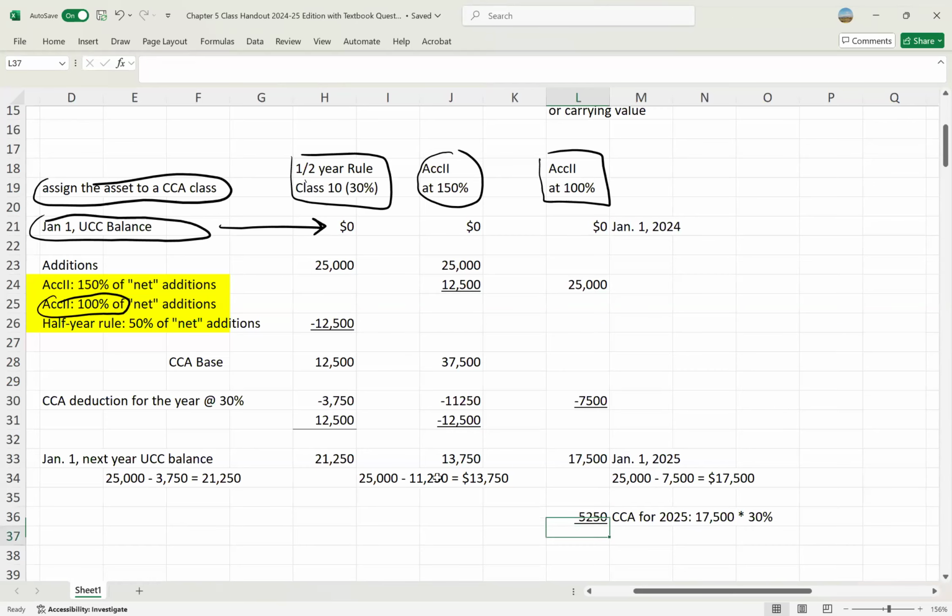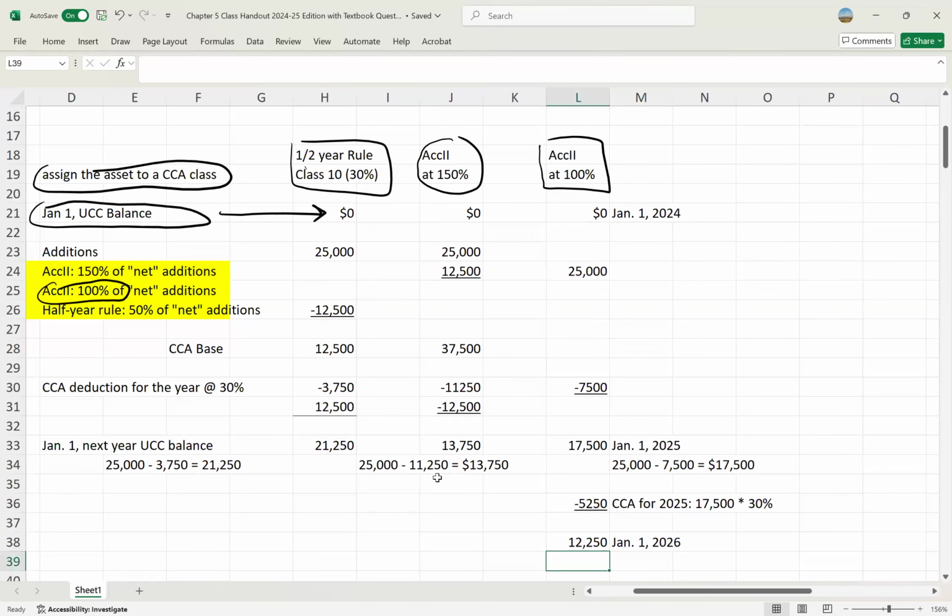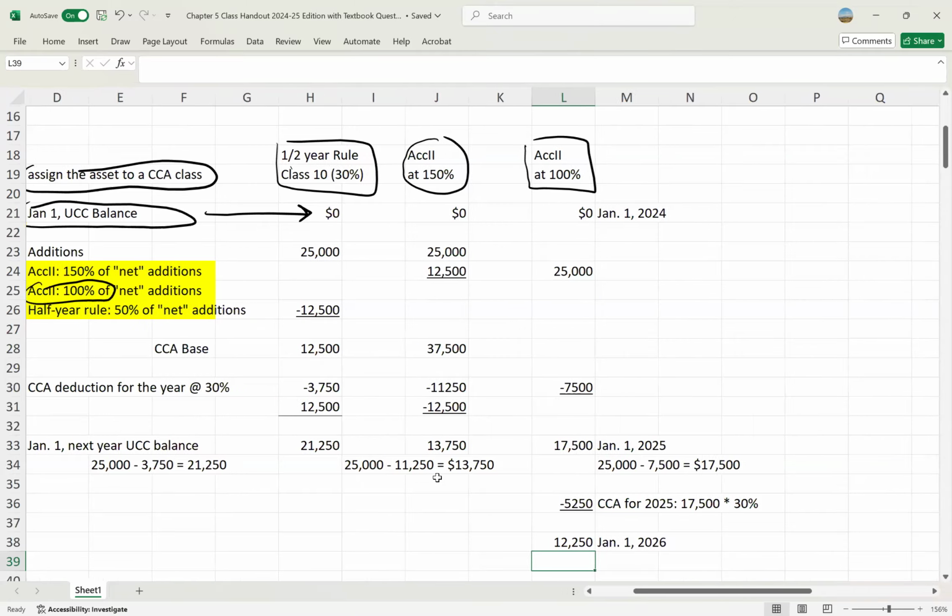And then the balance going into next year, January 1st, 2026, will be 12,250. Once again, that makes sense, right? 25,000 was what the cost of the car was. We took CCA of 7,500 in 2024. We took CCA of 5,250 in 2025. So going into 2026, we still have 12,250 left that we can take CCA on.